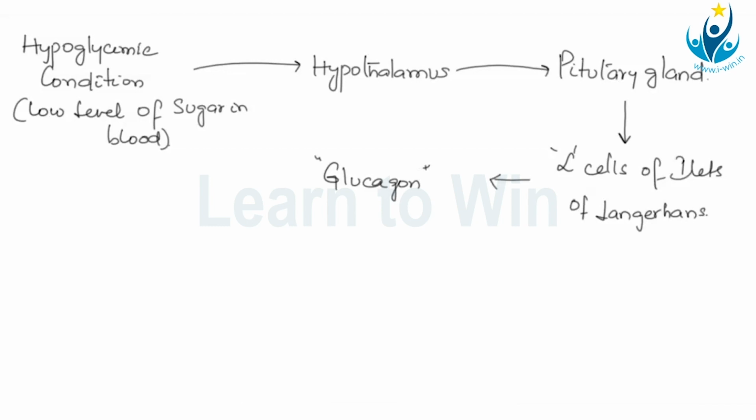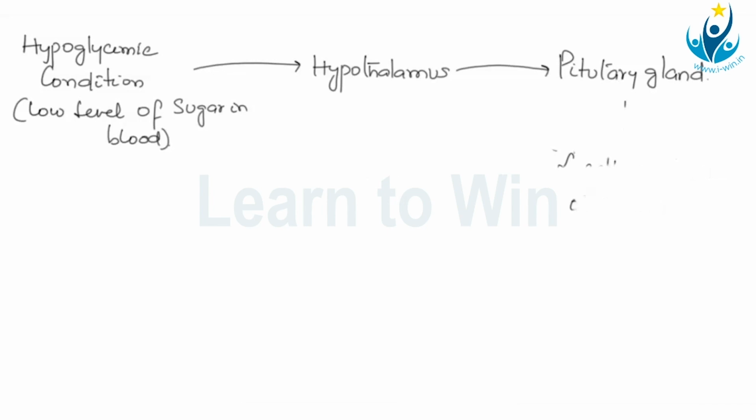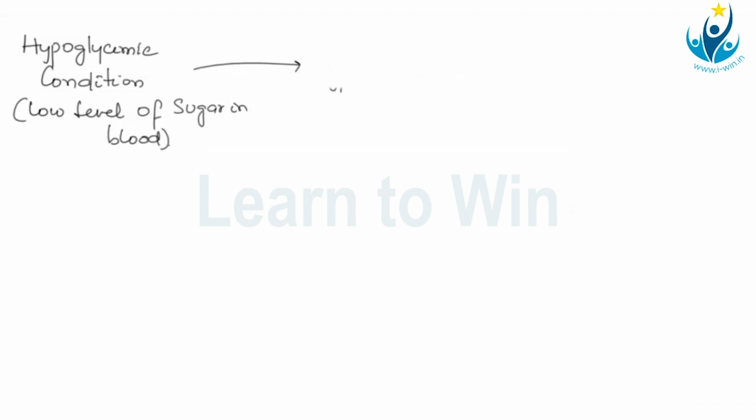What I'm going to do is remove everything and just start with glucagon directly. I'm going to remove all of these multiple steps, this was just to remind you of what is happening, and directly write the formation of glucagon. So there is glucagon that is produced.